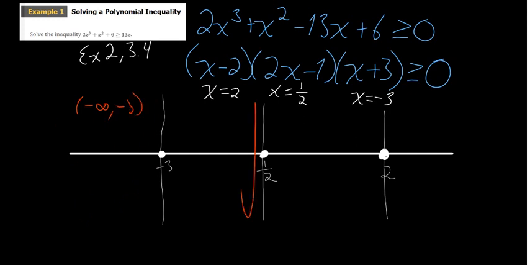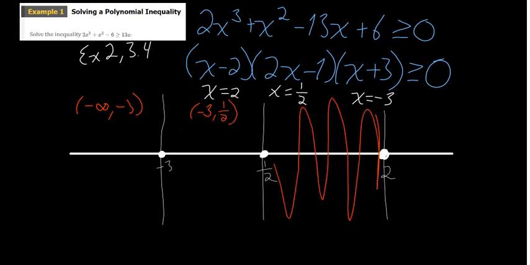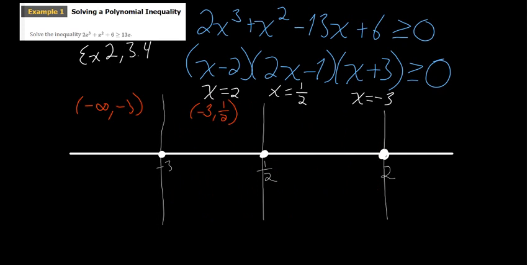This interval in here would be from negative 3 to 1/2. This interval here would be from 1/2 to 2. And this interval over here would be from 2 to infinity.